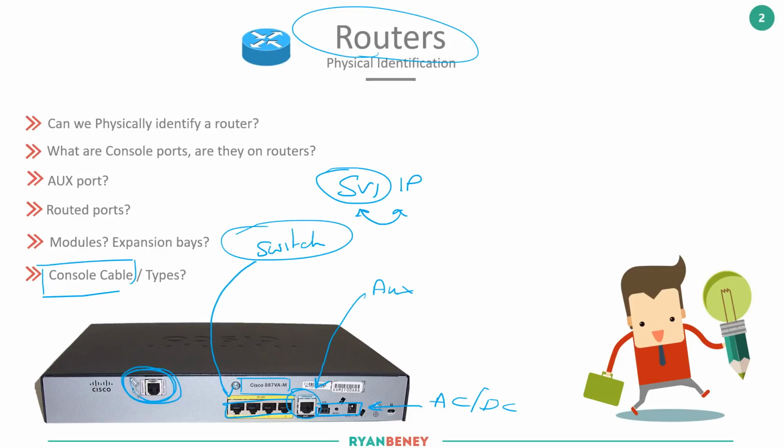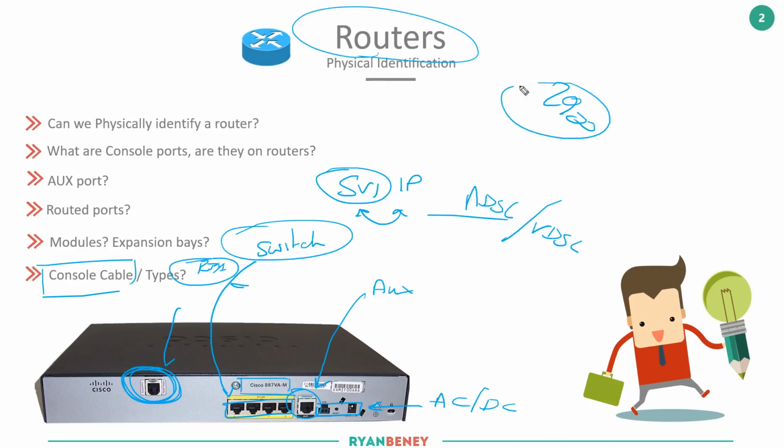And then over here on the far left we have an RJ11 port, and this is for the ADSL and VDSL, very similar to what we've seen previously with the 2900 expansion bay. So this device is actually both a router and a switch in one.